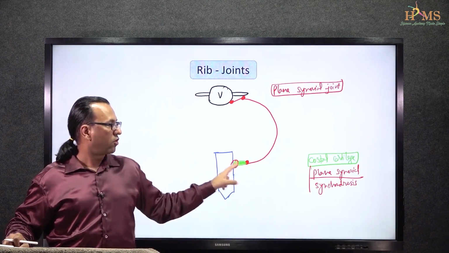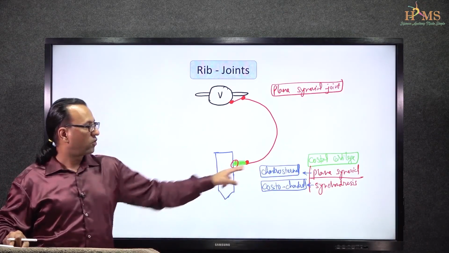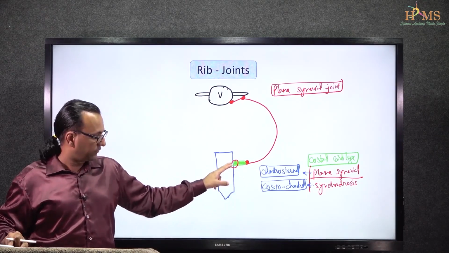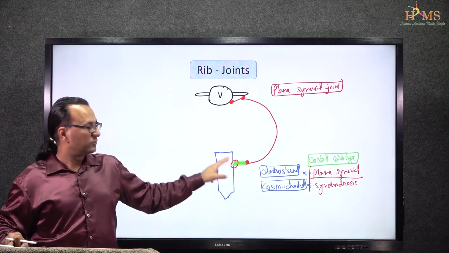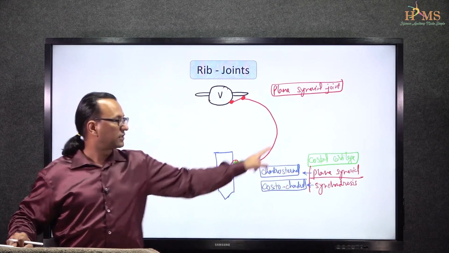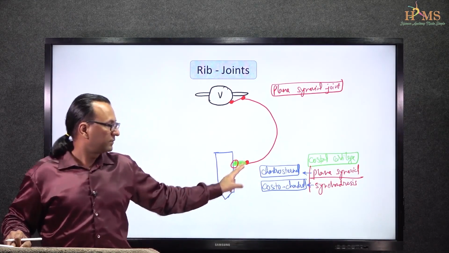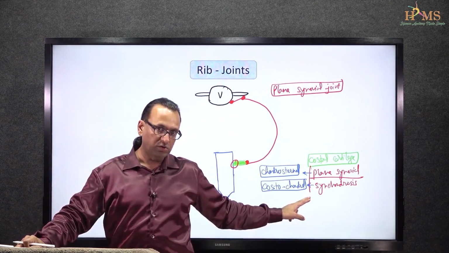costochondral joint. So can I call it the chondrosternal joint? Yes, if you say chondro, cartilage, sternal joint, then it is a plain synovial joint, whereas the costo, the rib and chondral joint, will actually be a synchondrosis.